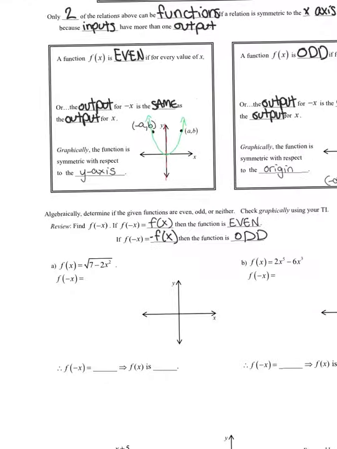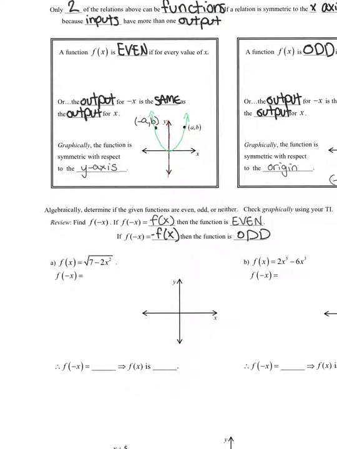Excellent. So I'm going to do my checks just like I did in Unit 1, but the notation is slightly different. Now I have my function, f of x is equal to the square root of 7 minus 2x squared. I'm going to plug in negative x and see if I get out either the original f of x or negative f of x. I show my work: square root of 7 minus 2 times the quantity negative x squared.